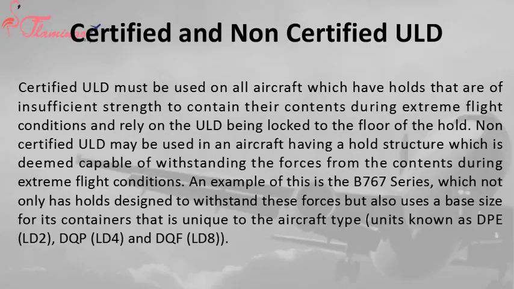Certified ULD must be used on all aircraft which have holds that are of insufficient strength to contain their contents during extreme flight conditions and rely on the ULD being locked to the floor of the hold. Non-certified ULD may be used in an aircraft having a hold structure which is deemed capable of withstanding the forces from the contents during extreme flight conditions.